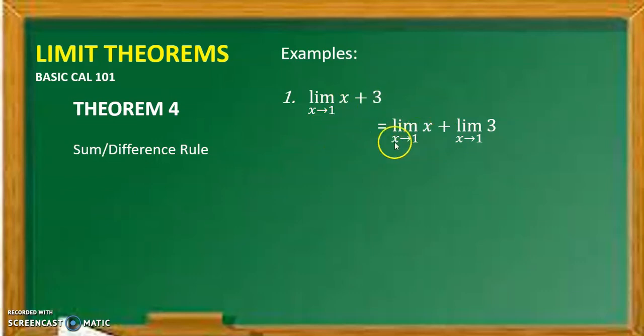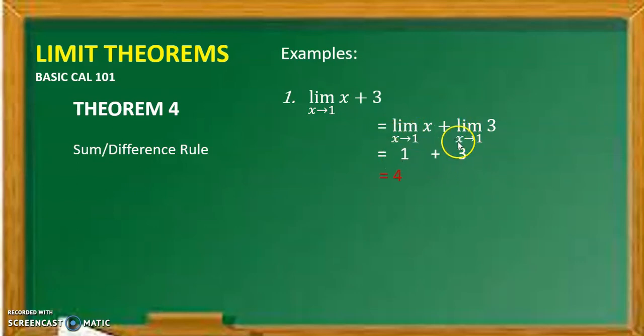So, the limit of x when x approaches 1 plus the limit of 3 when x approaches 1. So, by applying theorem number 2, sabi natin that is 1.